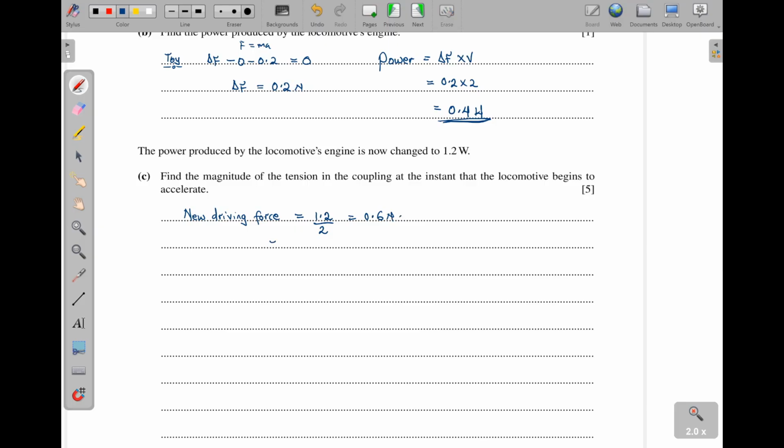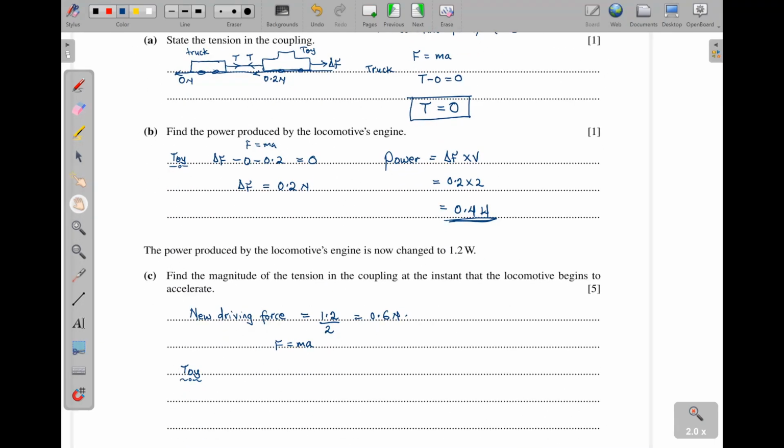Now, using F equals ma, let us look at the individual forces which are acting on the toy and also on the truck. On the toy, there is a driving force minus these two.